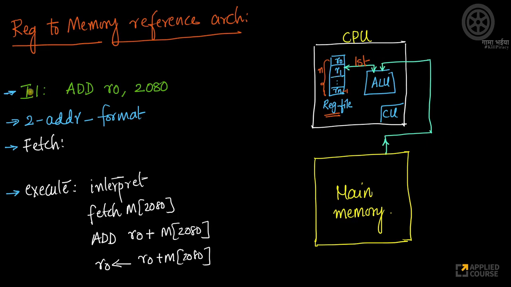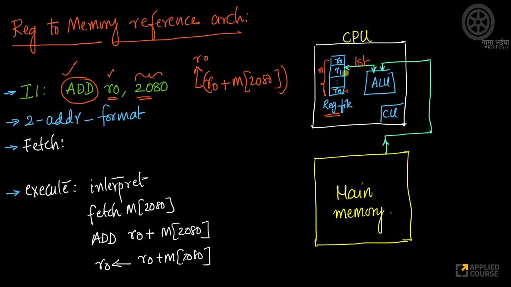Let's look at an example. Imagine I have an instruction like this: add, with register R0 and this memory location. What happens now? It takes whatever value is stored in register R0 and adds the memory value that is there in 2080. This resultant sum, it will store in R0. So your first operand is your register, your second operand is the memory address, and the resultant of this arithmetic operation add is stored in the register itself.